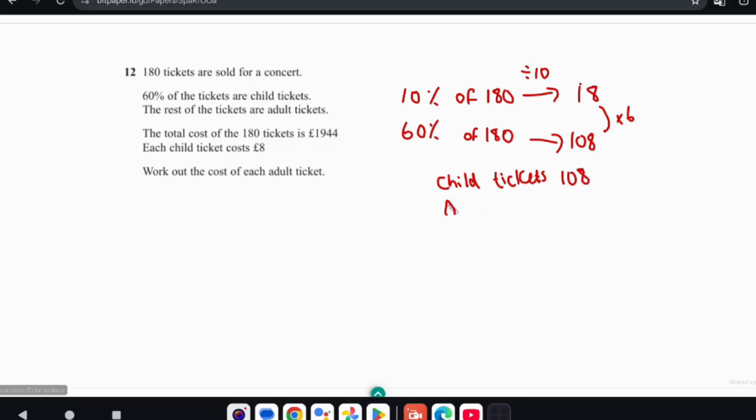And then adult, we just need to do 180 take away 108. Again, you can use your calculators, 72. The cost of 180 tickets is £1,944, so that's the total cost. Each child ticket costs £8. We've got 108 of them, so 108 times £8 is £864.